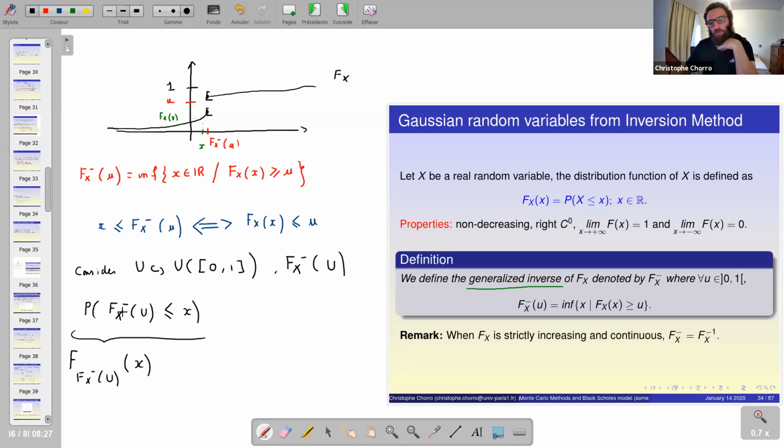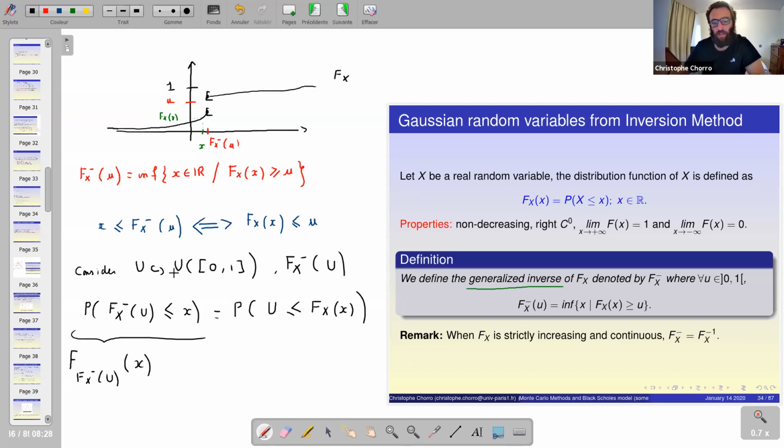I want to compute the distribution function of this new random variable. So concerning this inequality here, I can say that the probability that I fulfill this is the probability that U is less than F_X(x).